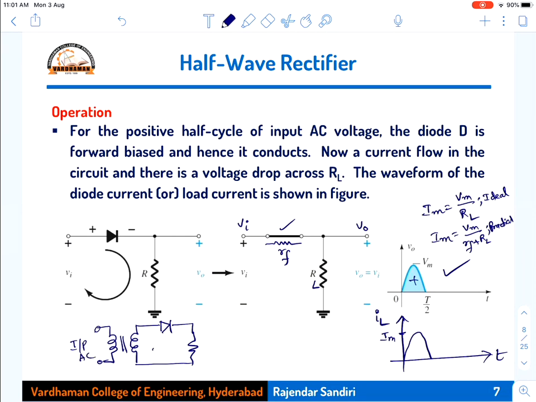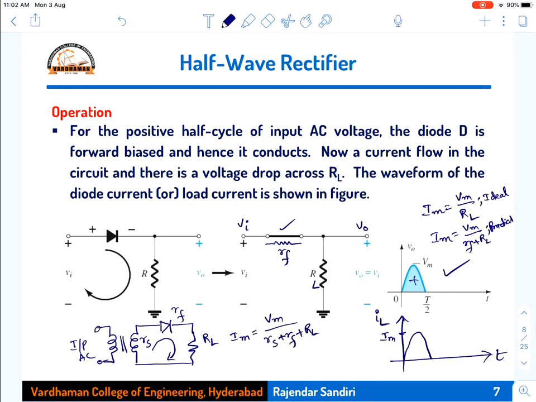Now, if you see the current in the circuit, the internal resistance of the diode is Rf, the load resistance is RL, and if you take the internal resistance of the secondary winding also, that we call Rs. Then all these three we have to take. Then Im is equal to Vm divided by Rs plus Rf plus RL.